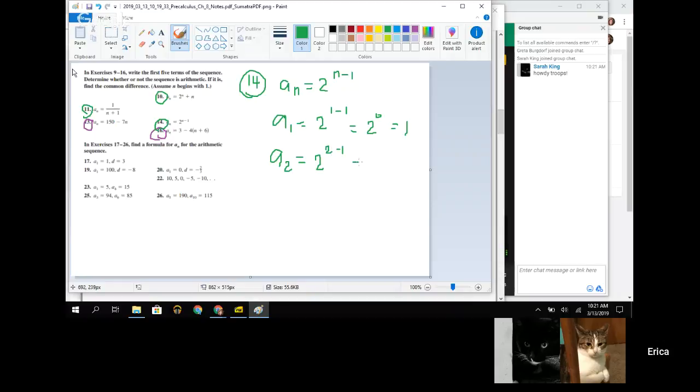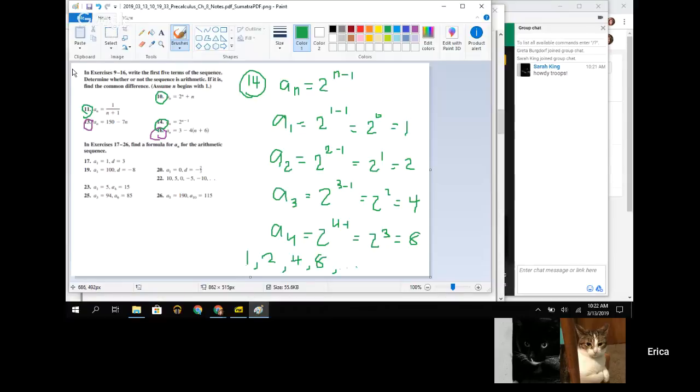We got 2 to the 2 minus 1, which is 2 to the 1 power, which is 2. A sub 3 is 2 to the 3 minus 1 power, which is 2 squared, which is 4. And so on. A sub 4 equals 2 to the 4 minus 1, so it's 2 cubed, which is 8. So the sequence for number 14 would be 1, 2, 4, and 8, and so on. And that is not arithmetic, right? Because it doesn't have a common difference between each one.